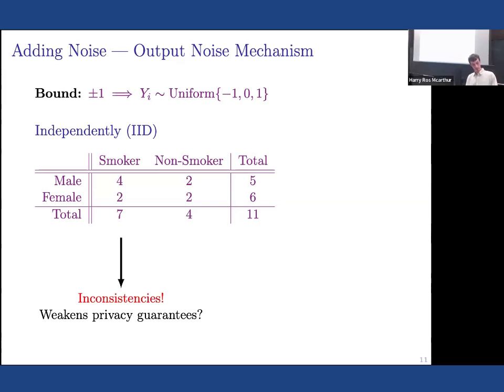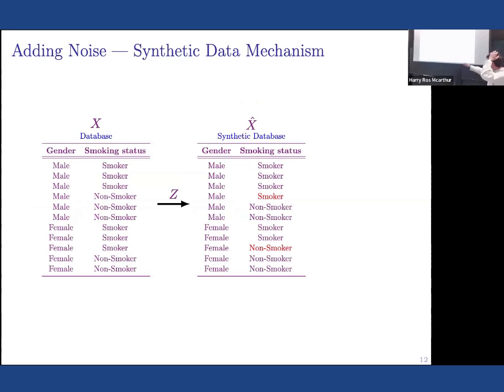The other way we could add noise is with this synthetic data approach. So you take your true database X, you add some noise to it, Z. I'm not really explaining how this occurs, but you can generate a synthetic database X hat, and you're perturbing the underlying database. So specifically, I've made one of these men pick up smoking and one of these women have decided to quit smoking.